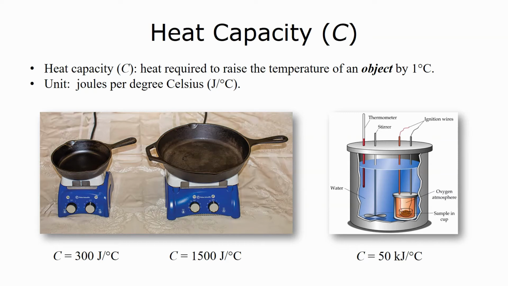And as another example, we have the heat capacity of, say, a calorimeter, which in this example has a heat capacity of 50 kilojoules per degree Celsius. Now, this heat capacity is referring to the entire thing, the entire calorimeter. That includes the water, the thermometer, the stir, the housing, the jacket, everything.